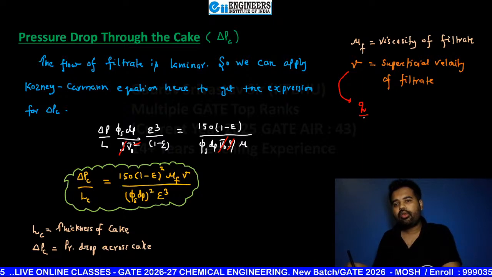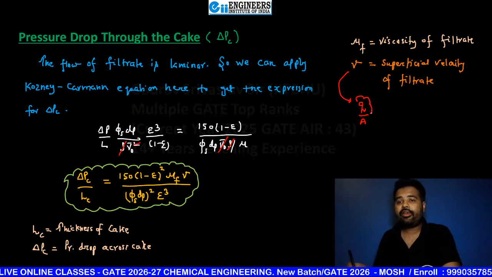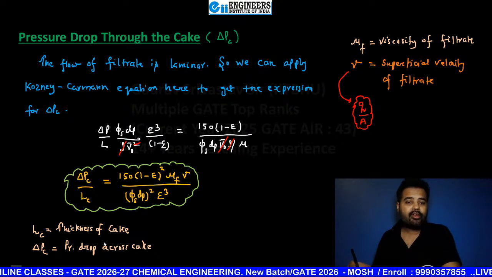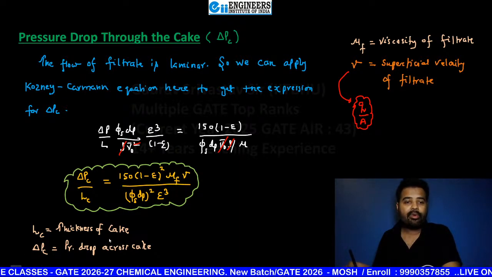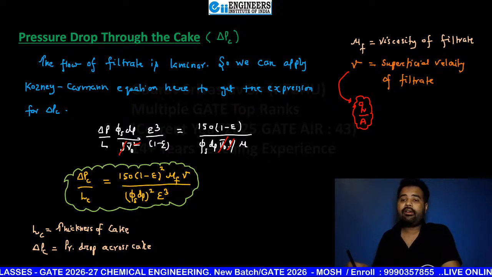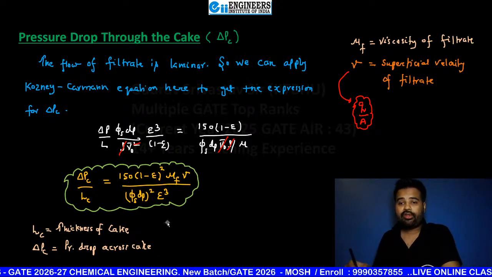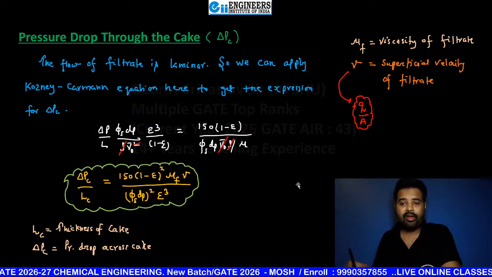What is Q? Q is volumetric flow rate of filtrate. I hope that everyone is feeling comfortable in this topic. And what is A?